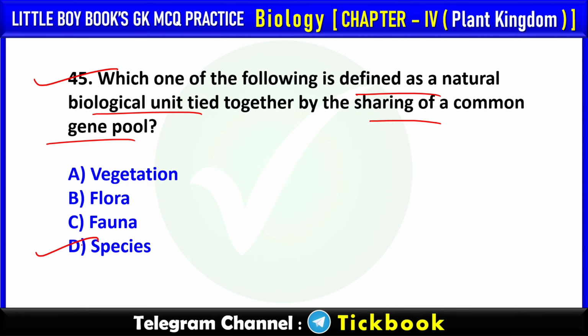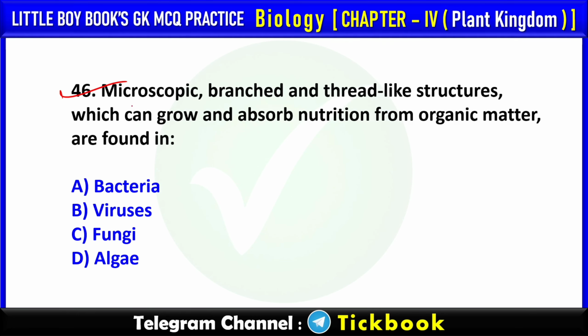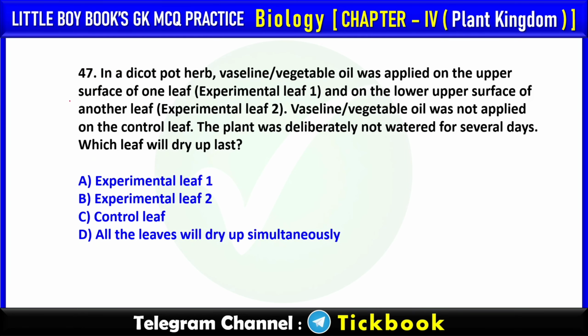Option number D, species. 46. Microscopic branched and thread-like structures which can grow and absorb nutrition from organic matter are found in? Option number C, fungi.